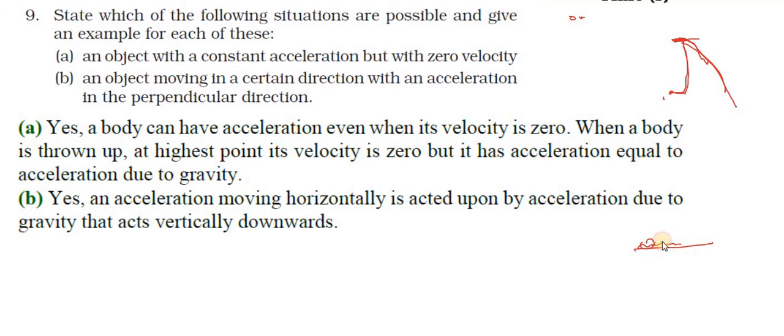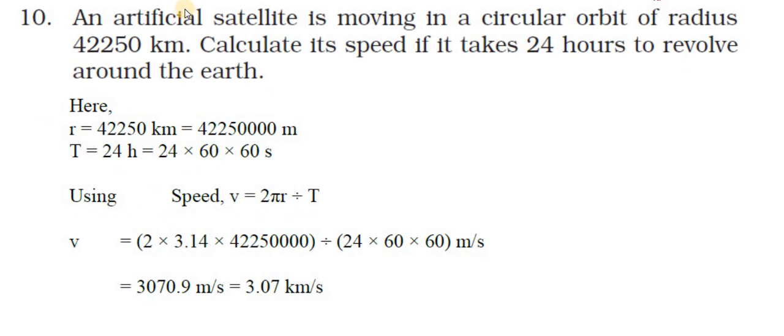The ball is moving in a straight direction, but the acceleration due to gravity is pulling it down. When the ball is on the table and you push it, it moves in a straight direction, and acceleration due to gravity is also pulling the ball down. So this is the condition.